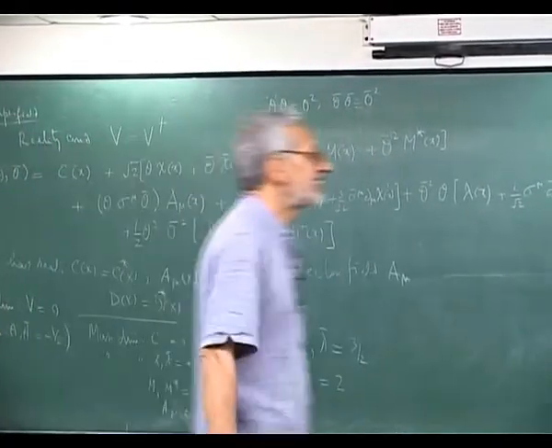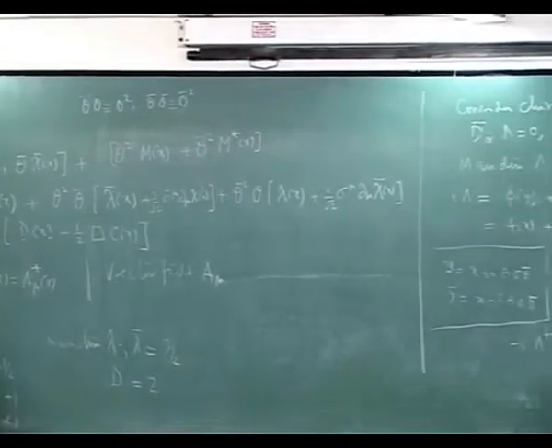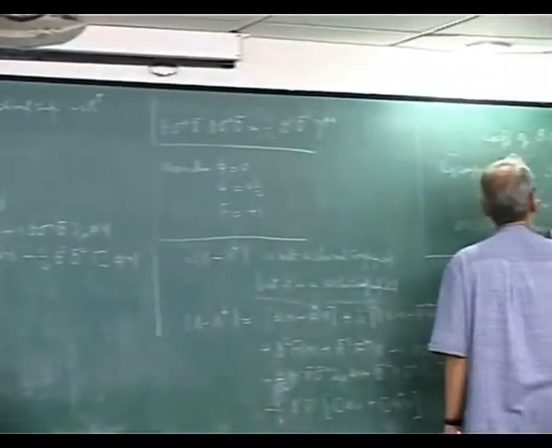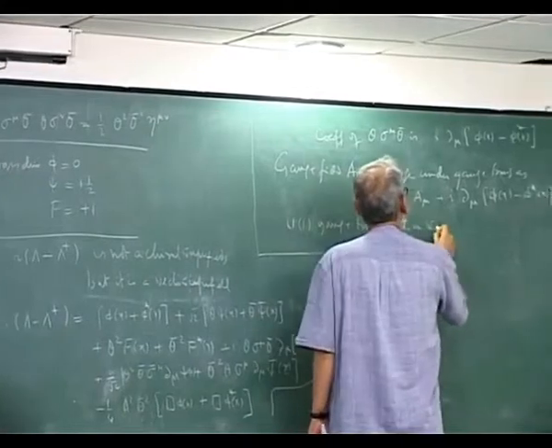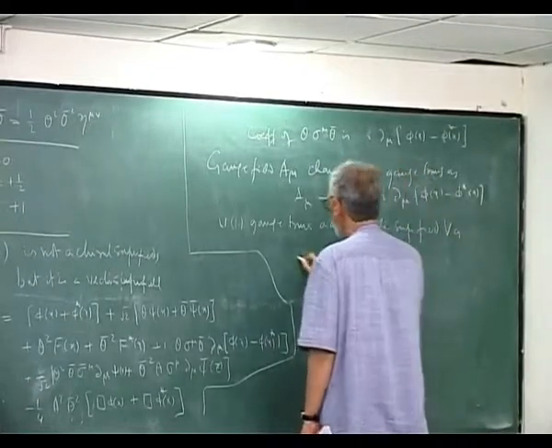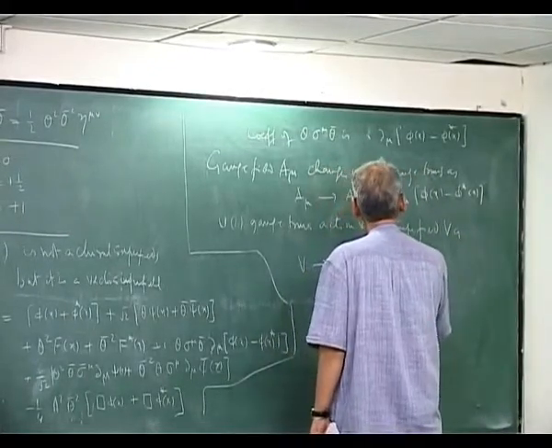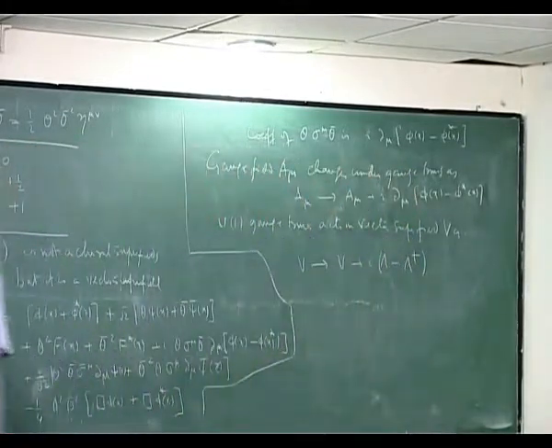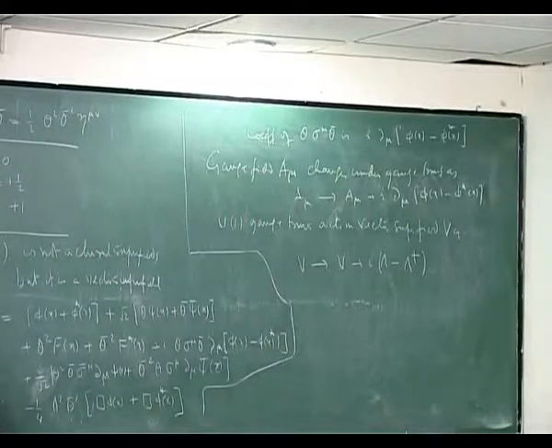So this tells us a U1 gauge transformation acts on vector superfield as V changes to V plus i lambda minus lambda dagger. So what we have done is we have generalized the concept of a gauge transformation for vector superfields.